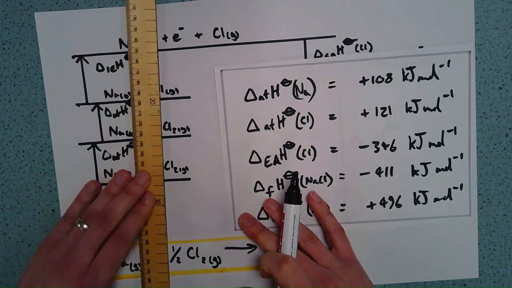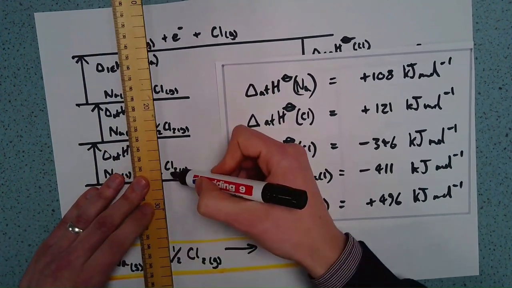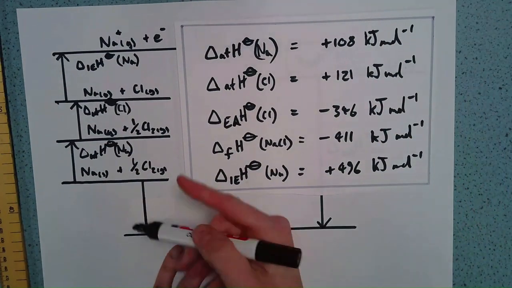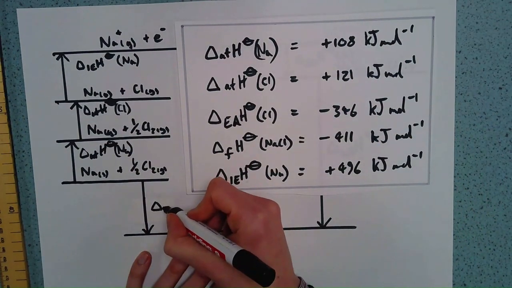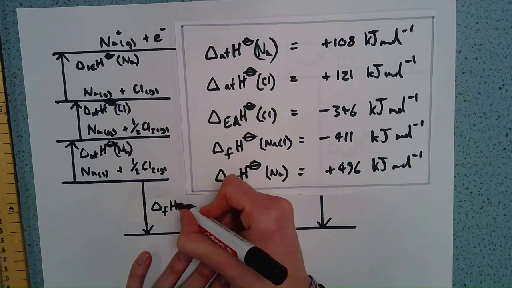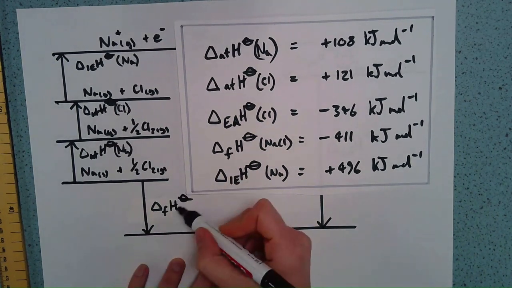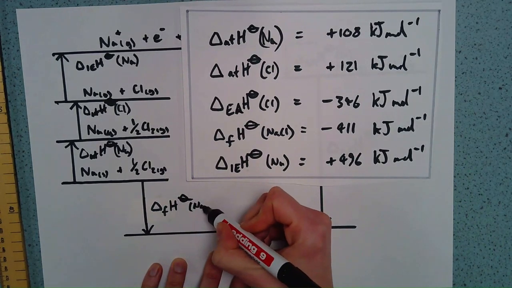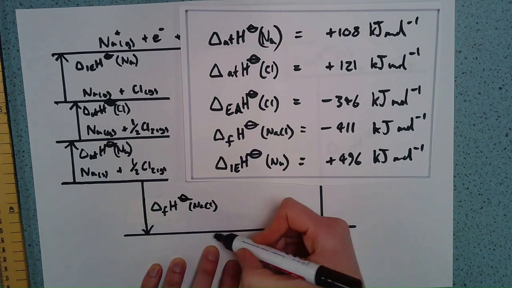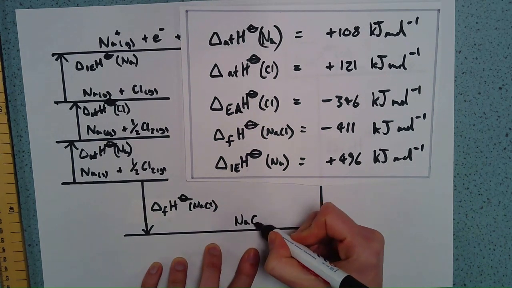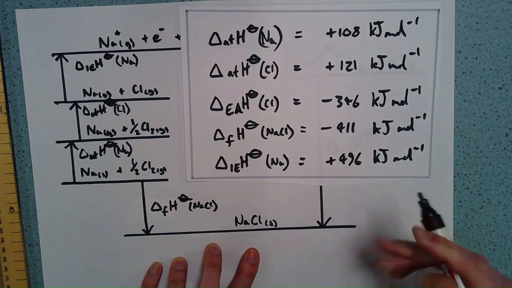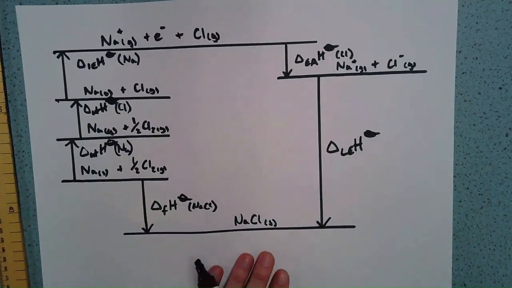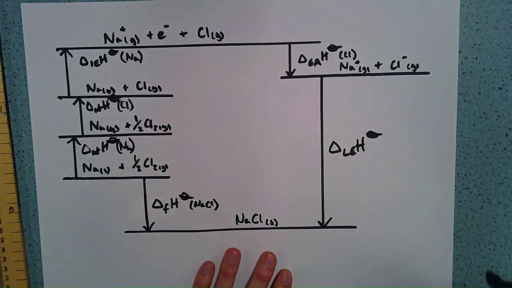So we can take out a ruler here, and we can find where this equation starts. So that is going to go here, delta F H, and that's going to be NaCl. That means that we've got NaCl solid down here. And that's our complete cycle.